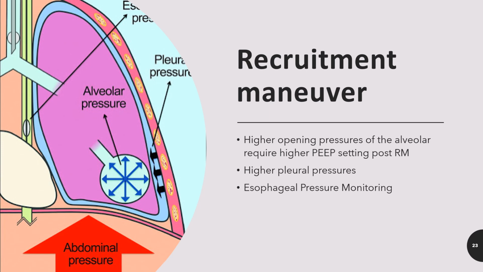You have mixed studies each way, but I've heard many places are using esophageal pressure monitoring to set adequate PEEP and to guide recruitment maneuvers so as not to overinflate the lung. I think each hospital has its own particular set of values for this.